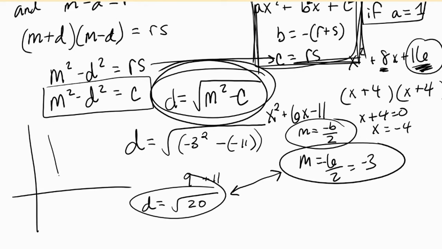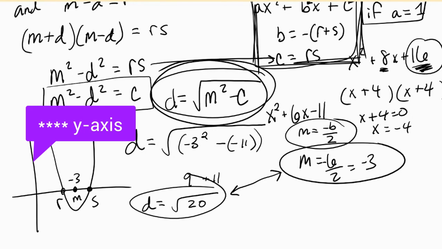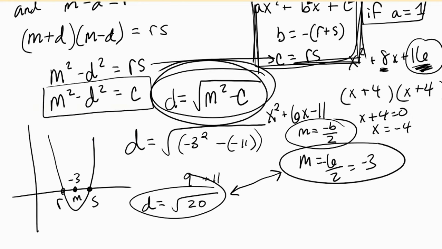Remember, think back, if my roots are here and here, R and S. If I know that the midpoint is at -3, and obviously this is not at -3 because my x-axis is in the wrong place. And then we know how far we have to go to the right and to the left, which is just plus the square root of 20 and minus the square root of 20. Then we will have the roots.